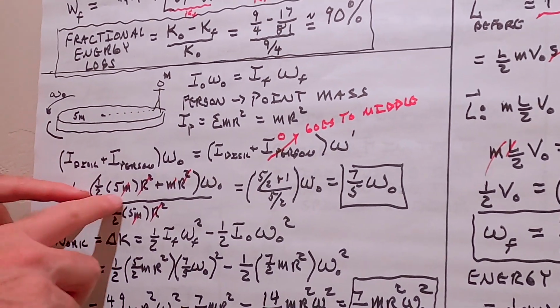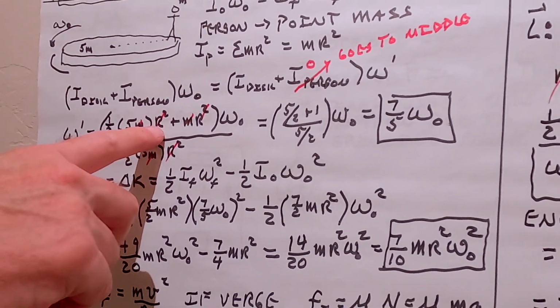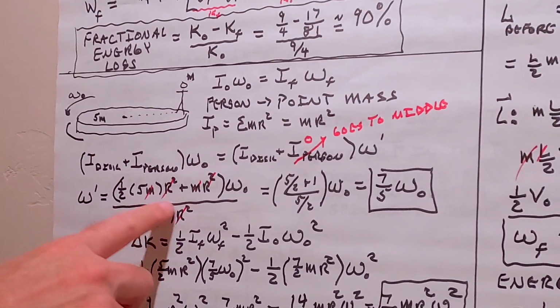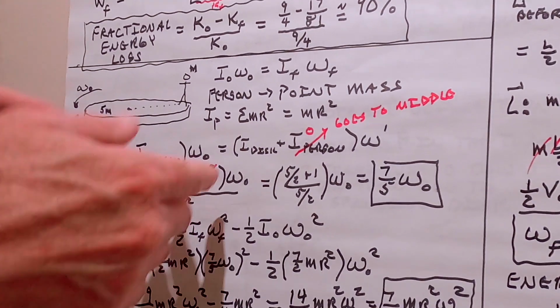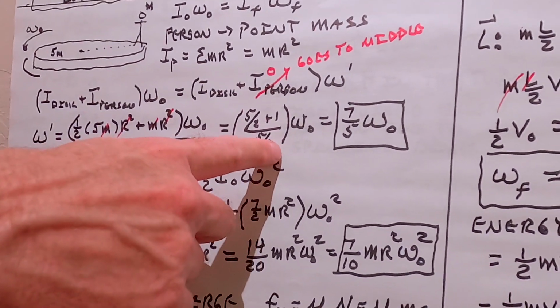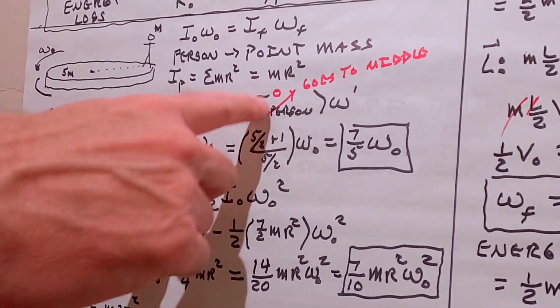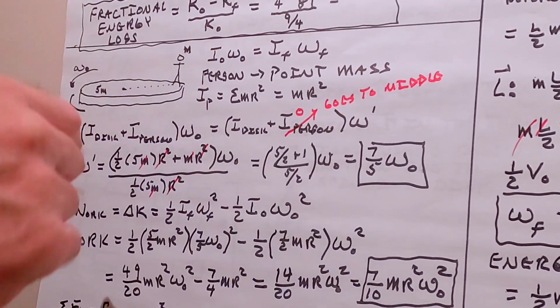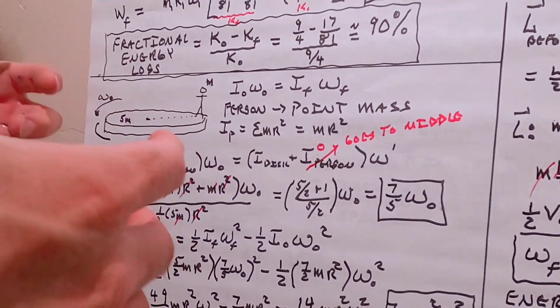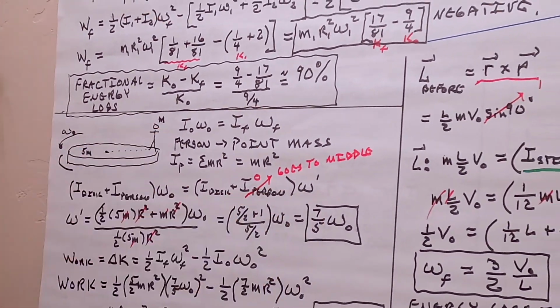We get I of the disk, its mass is 5m times r squared, plus the person, mr squared, divided by the disk right here. The mr squares all drop out, you get this, and then this just simplifies, multiply top and bottom by 2, it's just 7/5. It's a little faster, it should be, he ran to the middle. It's like the ice skater pulling in her arms, she's going to spin faster.